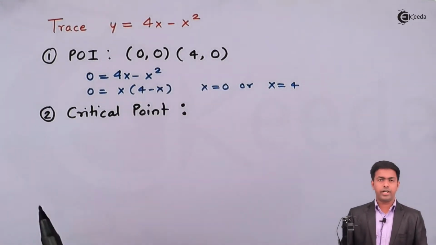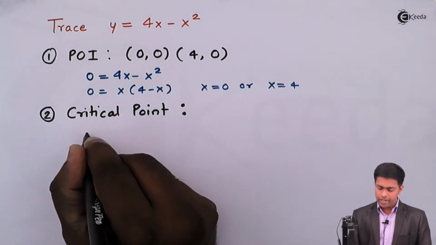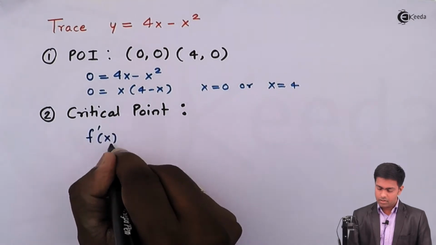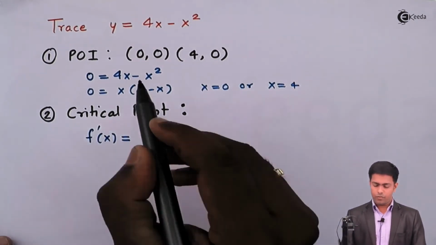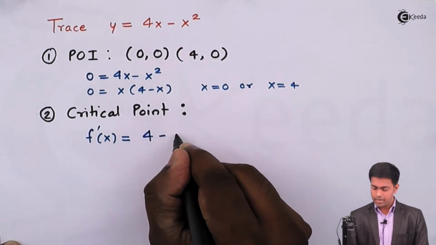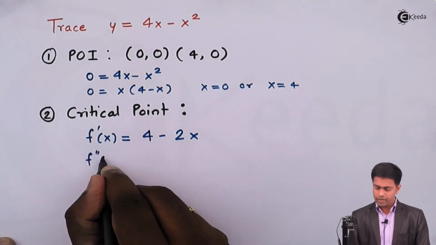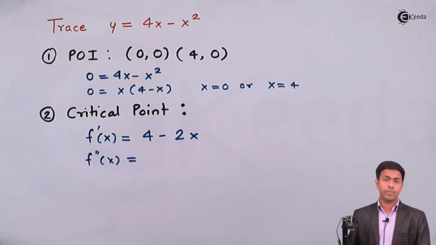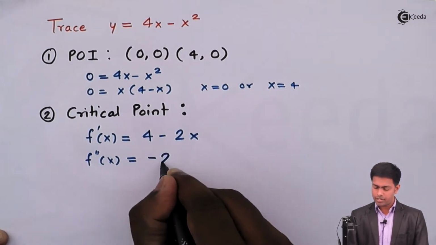For the critical point, we know the condition that the value of f dash of x must be 0 or does not exist. So for that we'll find the derivative. The derivative of 4x minus x square is 4 minus 2x, and at the same time I'll find the value of f double dash of x to learn the shape of the curve. The derivative of 4 is 0 and here we will get minus 2.